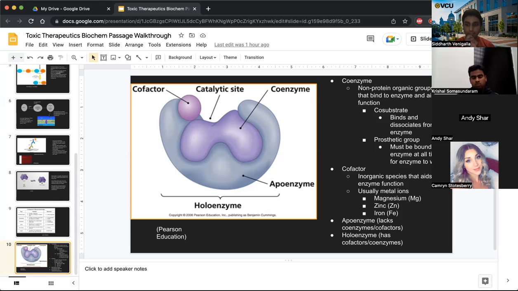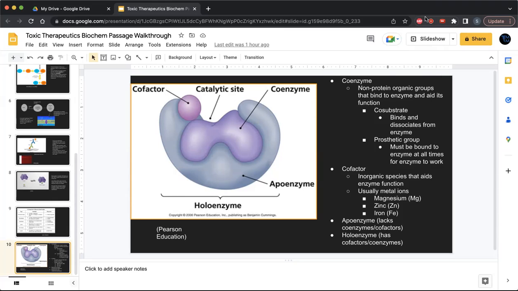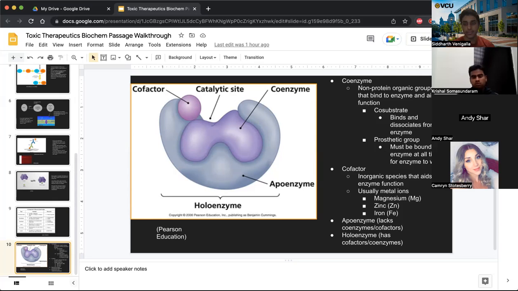Some examples are magnesium, zinc, and iron. Those are all metal ions, and they bind to an enzyme and help it do its job. You can also have something called a coenzyme, which is an organic group. That is usually going to be like FAD or NAD, so usually a carbon molecule, not just a metal ion.